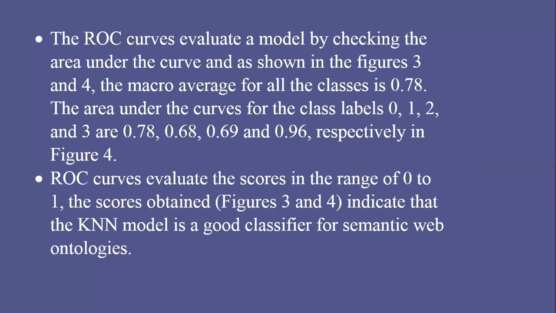As shown in figures 3 and 4, the macro average for all the classes is 0.78. The area under the curve for the class labels 0, 1, 2, and 3 are 0.78, 0.68, 0.69, and 0.96 respectively, in figure 4. These curves evaluate the scores in the range of 0 to 1, and the scores obtained in figures 3 and 4 indicate that the model is a good classifier because the value is close to 1.